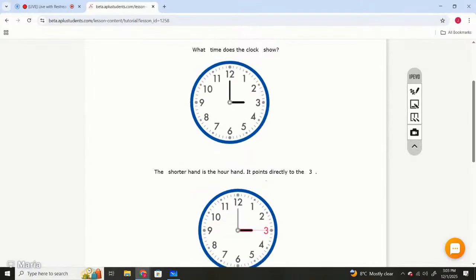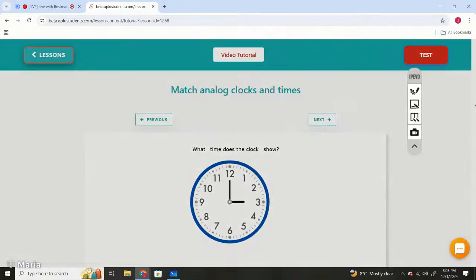The shorter hand always points to the hours, while the longer hand points to the minutes, so that is 3 o'clock, 3 hours and 0 minutes, right? Let's just start with the test questions.